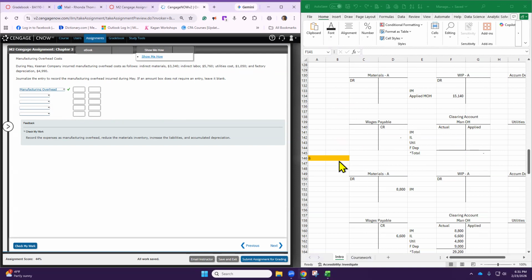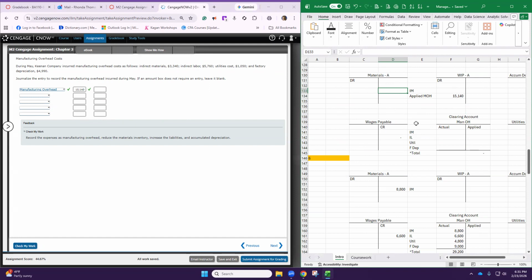Okay, and then they come out of different places, right? So they're going to be credit to, okay, so all of this goes in here. Okay, let's see. So 15,140. Let's see what we got. Yes. So then the credit goes to, it's going to come out of, so the amount for materials.